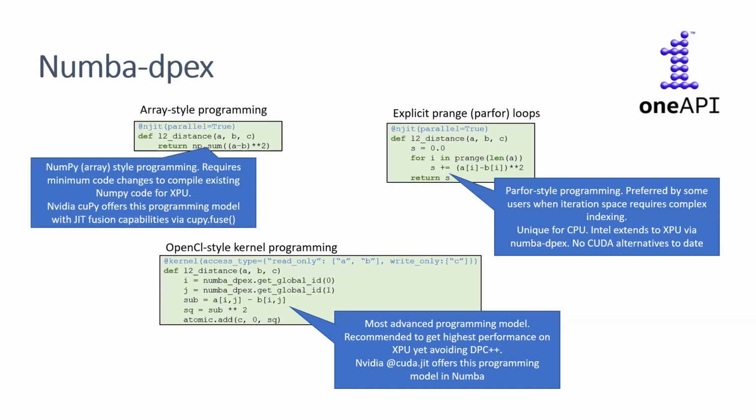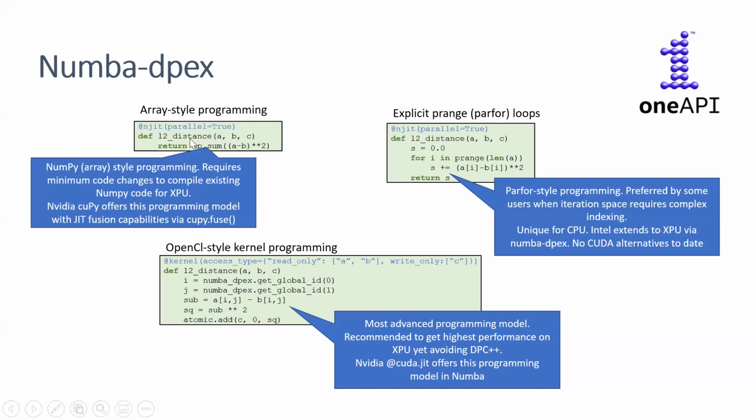I was talking about this: there are ways using the numba.jit decorator and explicitly using the kernel approach with OpenCL-style kernel programming. I've got three different ways. First is array-style programming, where I call the numba.jit decorator, and implicitly I've got NumPy operations here and I'm calling a sum.